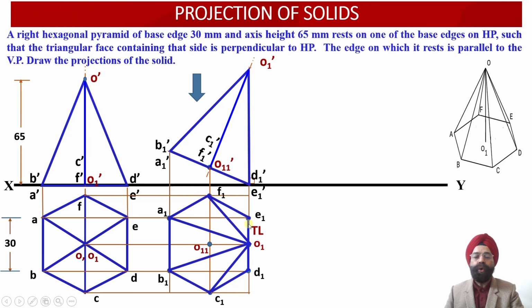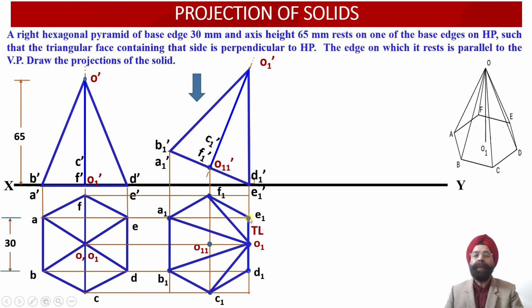Now, as we look at this particular edge, D1E1, now this edge D1 dash E1 dash is contained by the horizontal plane. So since this edge of the base D1 dash E1 dash is contained by the horizontal plane, the top view projection D1 E1 happens to be true length.